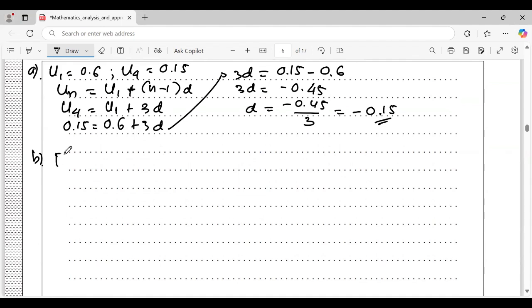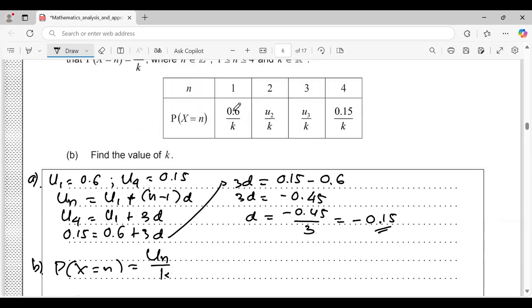B. P(x equal n) is un divided by k. And P(x equal 1), if you look on the table, x equal 1 is 0.6 divided by k.